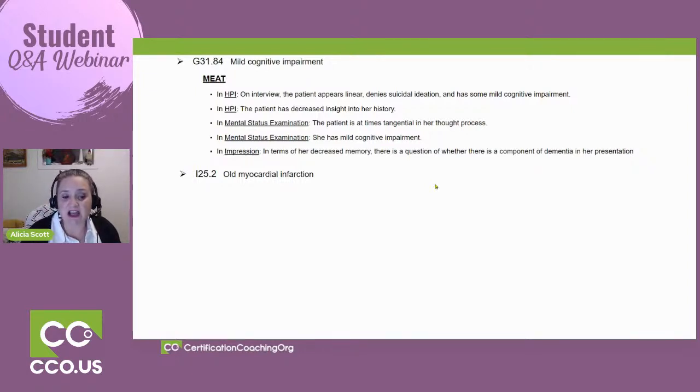So if you see I25.2 on usually two of your choices and it won't be on two others, then what I'm going to immediately do to rule out two of those options is go to the abstract real quick. I'm not going to read it. I'm just going to look, is there an old MI? And we know the key words: past MI, more than 4 weeks ago, et cetera.